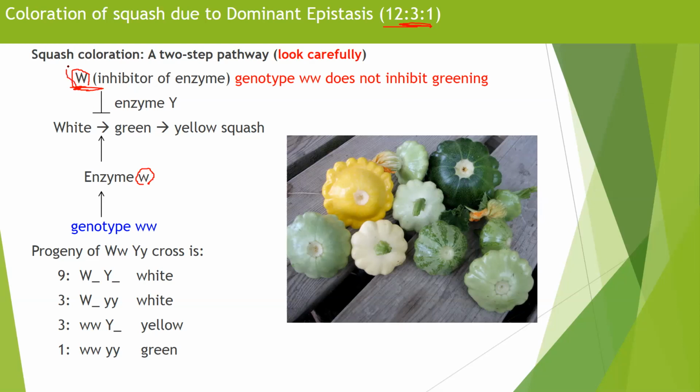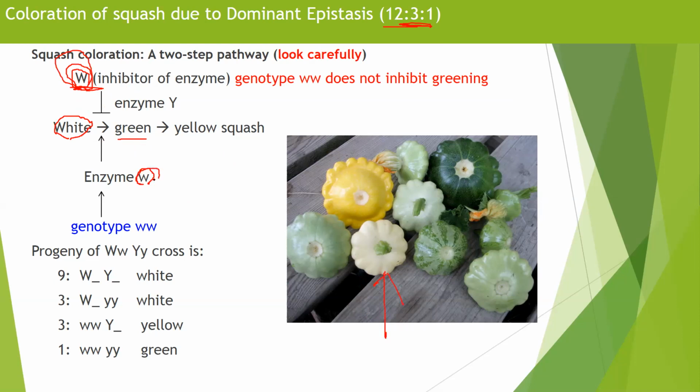So if this gene is wild type, it cannot transform the white precursor into the green intermediate product. If this W gene is wild type, you only see the white color for the squash.